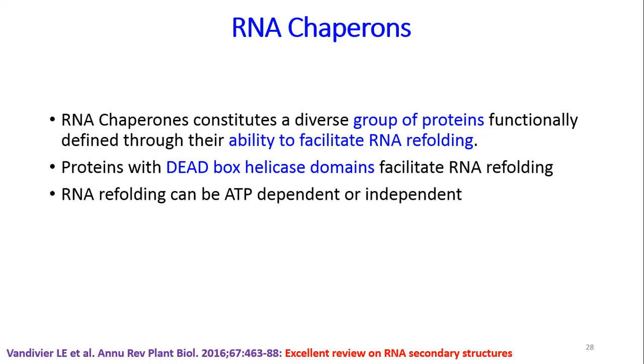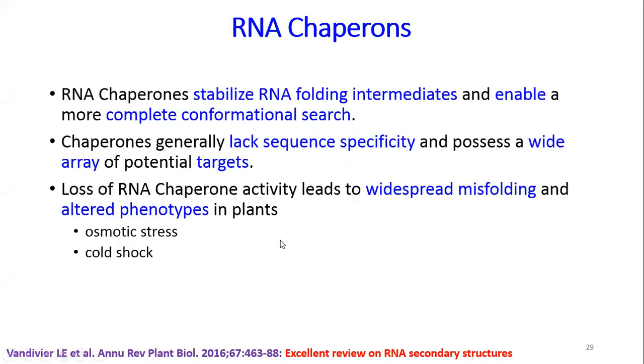Okay. So this RNA folding or refolding can be either ATP dependent or ATP independent. It might utilize energy to refold, or it can be independent as well. Good. We are going good.